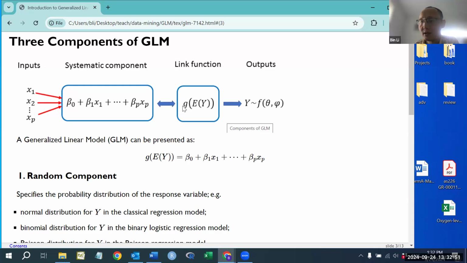So it's a g function of the expectation of y. We can write g with the input being the expected value of the random variable y equals this term, the systematic component. And the g function is called a link function.